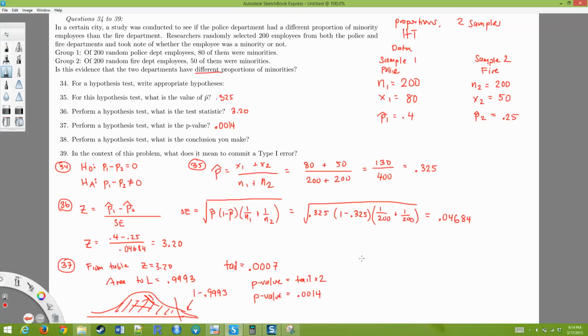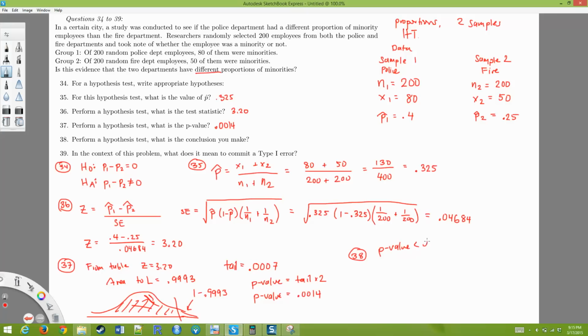All right, so what is the conclusion I make? My p-value is 0.0014. I don't have alpha listed, so if you don't have alpha listed, assume it's 5%. Is my p-value bigger or smaller than alpha? Smaller than alpha.